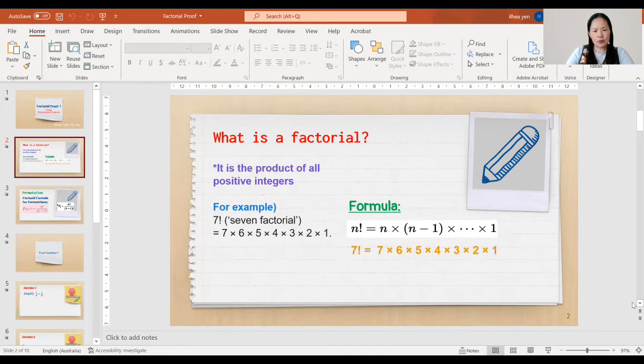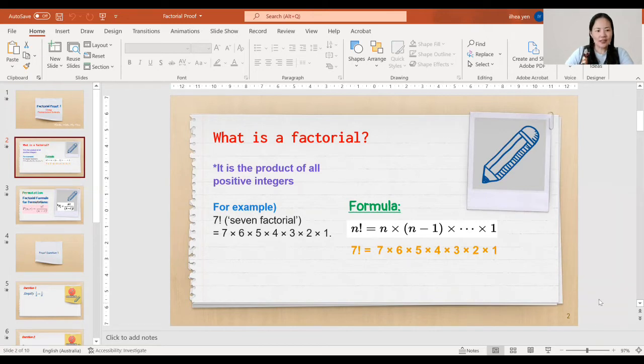For example, 7 factorial, we will have 7 times 6 times 5 times 4 times 3 times 2 times 1, just like what the definition says. It is the product of all positive integers. Now, the formula is that n factorial equals n times, each time 1 less, all the way down to 1.